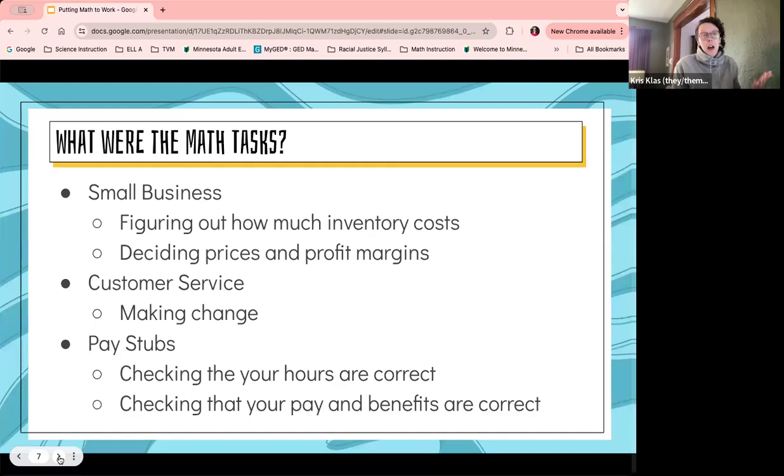But something else that I'm going to return to a few times today is that what separates an employee who's going to be able to advance and make something a long-term career from somebody who just has a job for a little while is being able to do some problem solving and say, oh, the cash register is not working right now. I still know how to make change.